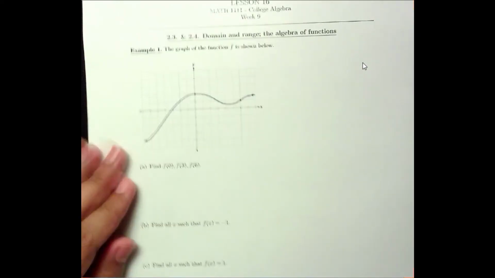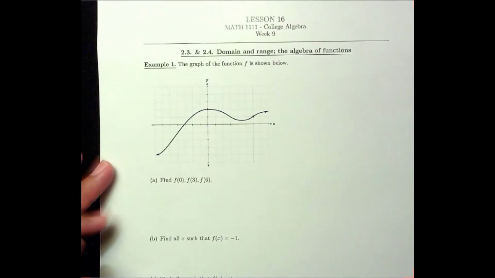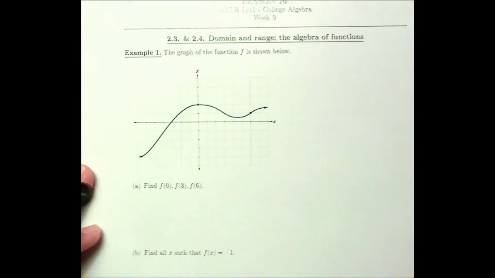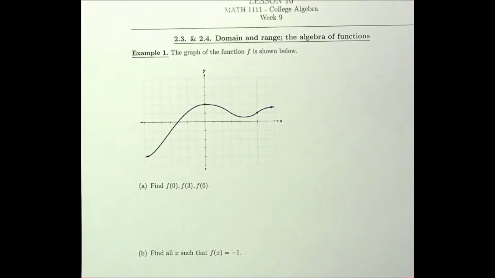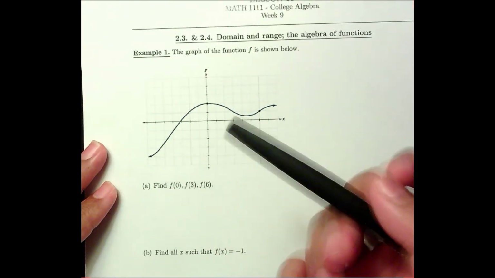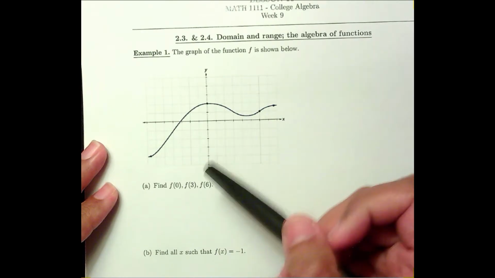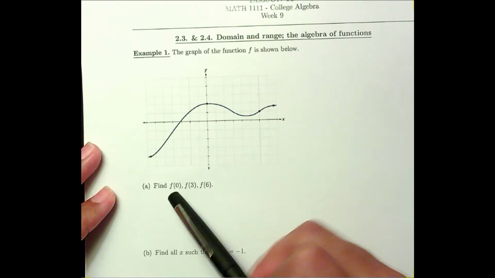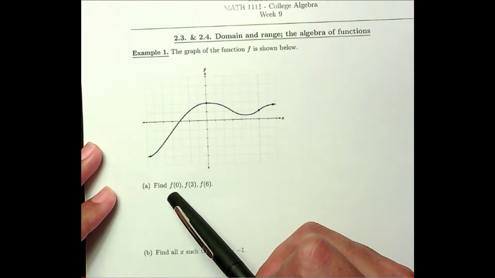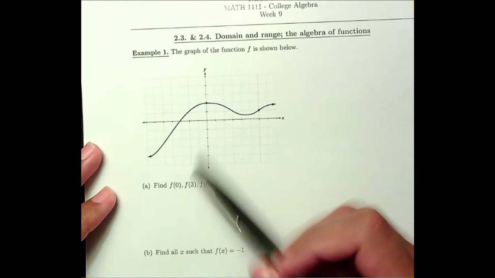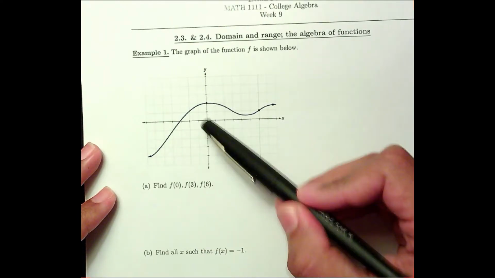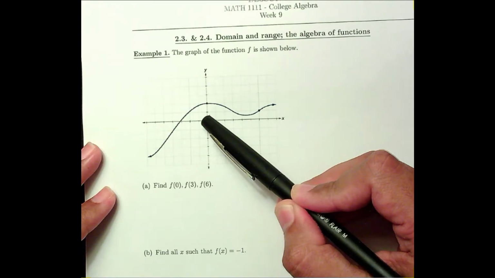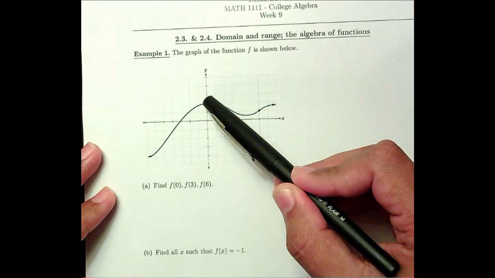Okay, so here's this graph, and we are asked to evaluate the function f at 0, at 3, and at 6. This all amounts to looking for the y-coordinate of the corresponding point. So for example, to find f of 0, I look on the x-axis at 0, which is right here, and then I go to the graph, which is right there.